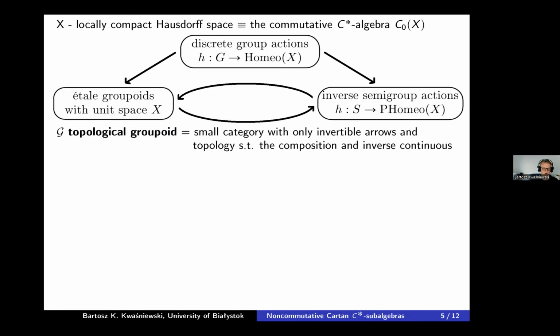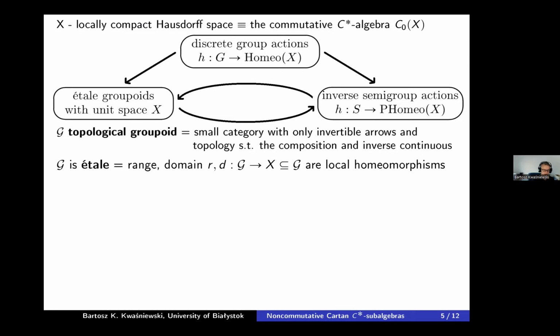A groupoid is just a small category with only invertible arrows. So I also view the units of this category as identity arrows. I identify identities in this category with elements of the groupoid, and it is topological whenever there is a topology on it such that all the operations that you use in this category are continuous.